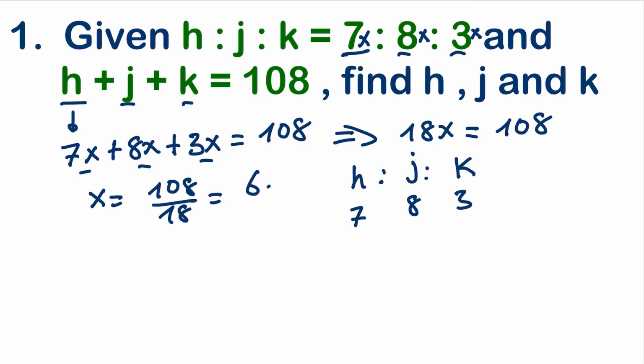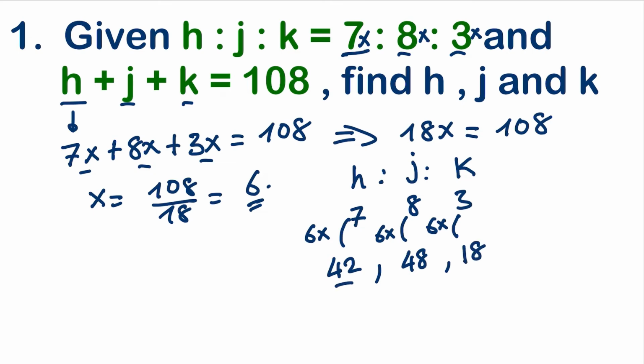Now that we have the value of x, we multiply each of them by the value: 6 times 7, 6 times 8, and 6 times 3. If we multiply this, we are going to have 42, 48, and 18.